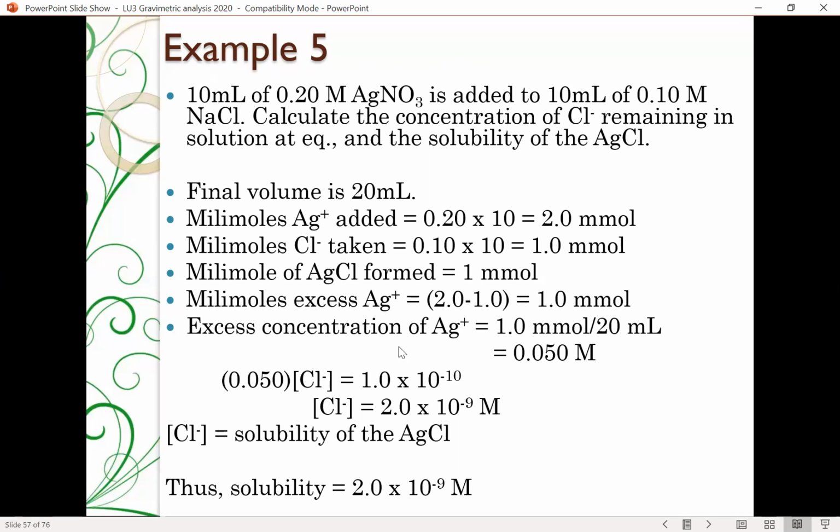So you can use M equal to n, millimole, divided by V, volume in milliliter. So this is n, the number of mole, which is 1 millimole. You get it from here, the calculation of excess Ag+. And 20 ml is the total volume after AgNO3 and NaCl reacted. All right, so you have n divided by V. You have 0.05 molar.